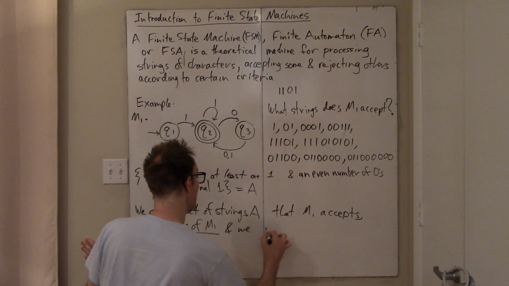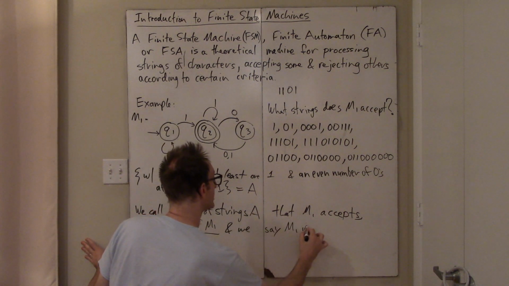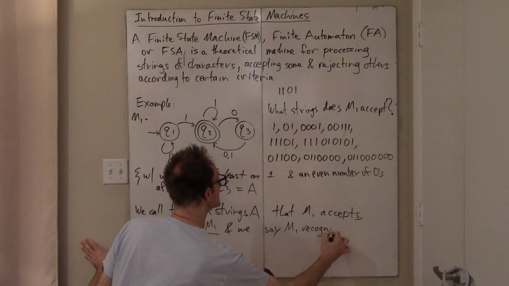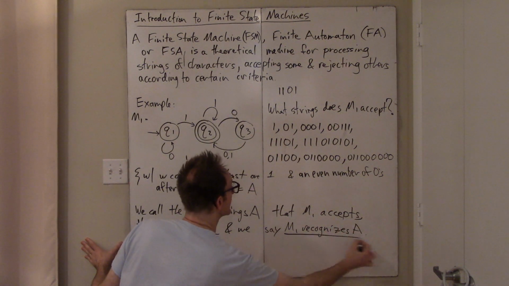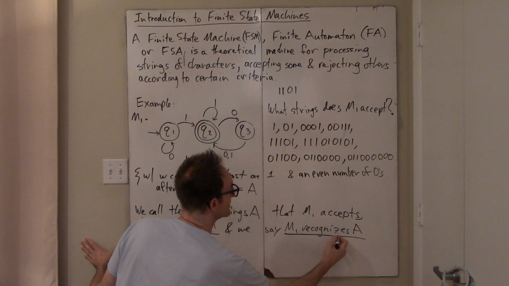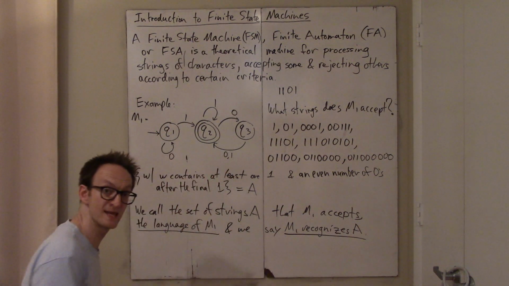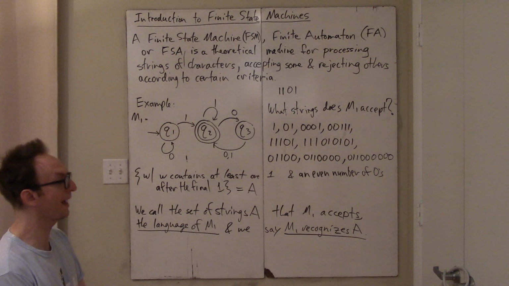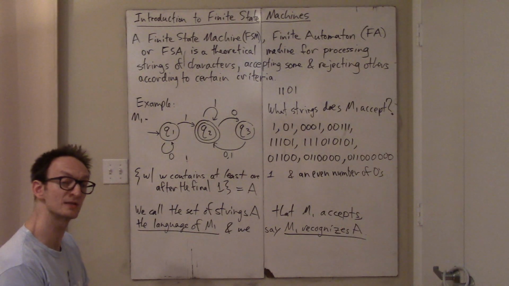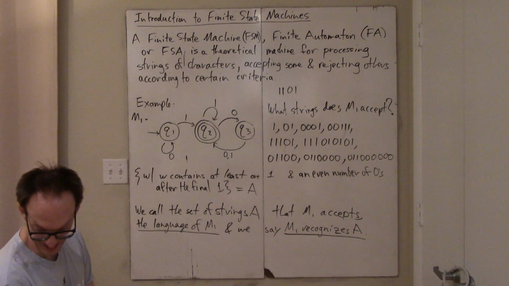And we say that M1 recognizes A. This is another piece of vocab here. A machine recognizes a certain language, the language being just a set of strings, when that set is precisely the strings which are accepted by that machine.